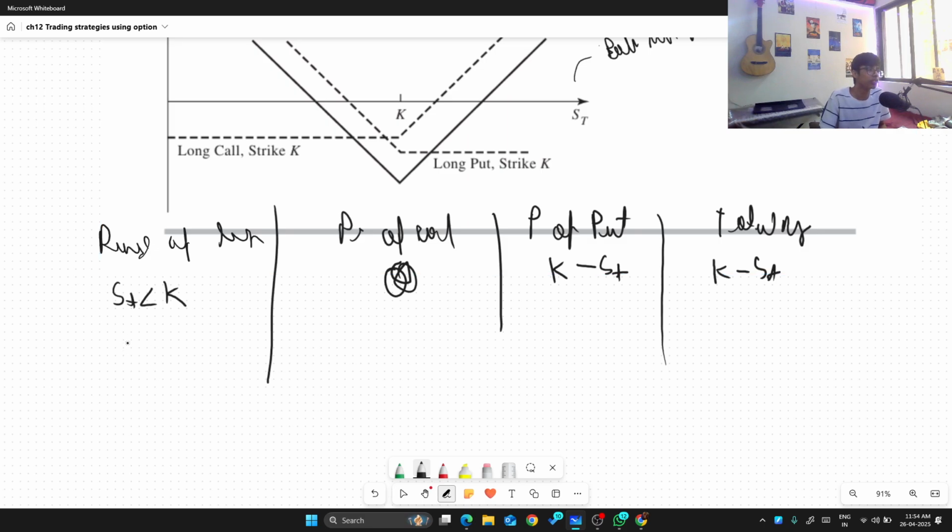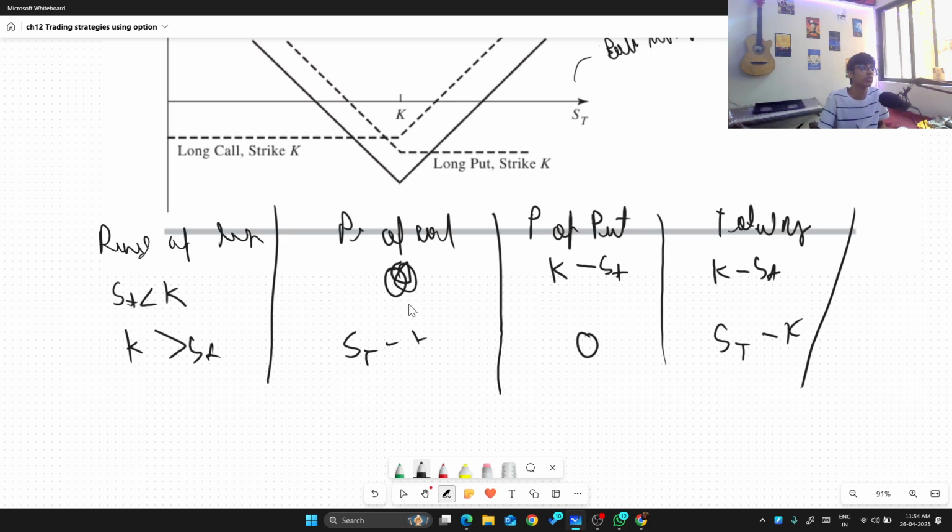And if ST is greater than K, then the put payoff would be 0 and the call payoff would be ST minus K, so the total is ST minus K. So that's how the straddle works, right? Is there anything I left to cover?